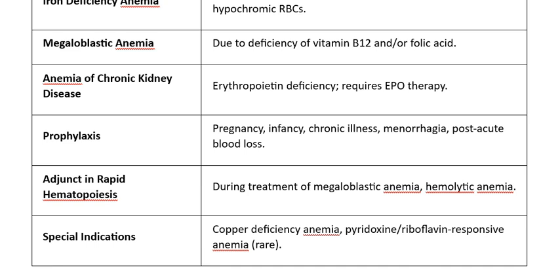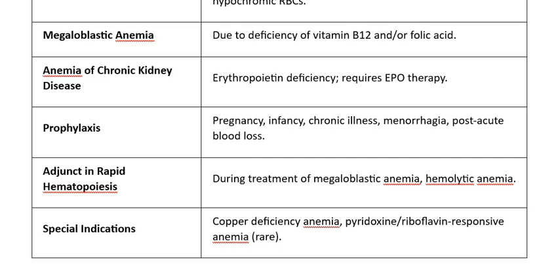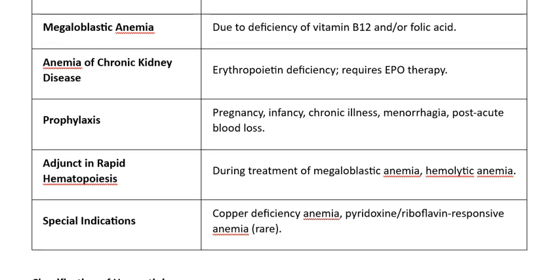Making sure they have the reserves or the boost needed. And the term adjunct in rapid hematopoiesis. What's that about? That refers to supporting the bone marrow when it's trying to produce blood cells very quickly. For example, during treatment for megaloblastic anemia or hemolytic anemia, you're essentially giving the bone marrow all the tools it needs for a fast recovery.